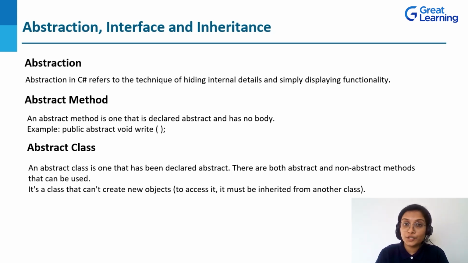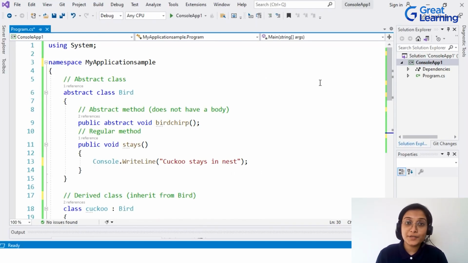Let's quickly switch into the IDE and check with a simple example how abstraction works. Here you can see a simple example, with namespace my application sample. You can observe you have abstract class Bird.